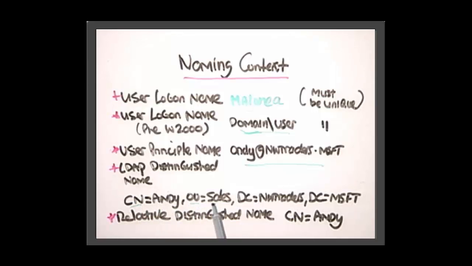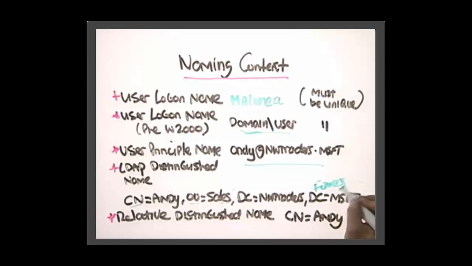Andy's in an OU called sales, comma, he's on a domain controller called NW Traders in MSFT. So the LDAP distinguished name would be CN equals Andy, comma, OU equals sales, comma, DC equals NW Traders, comma, DC equals MSFT. Finally, we also have something called a relative distinguished name. And again, this must be unique in the forest.